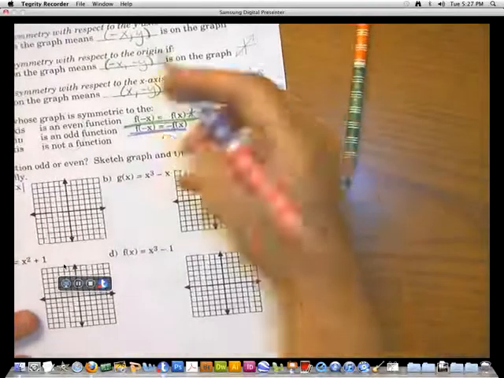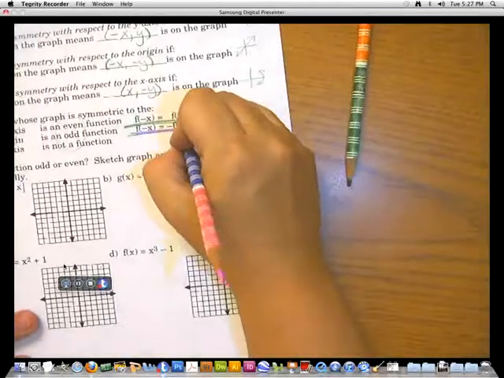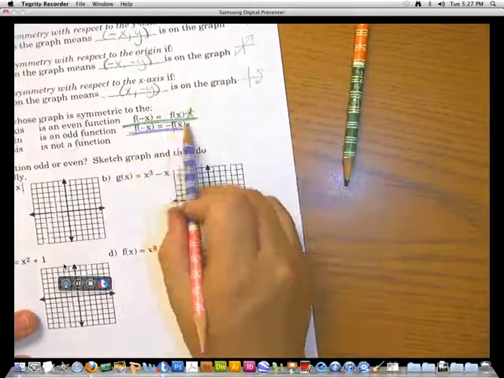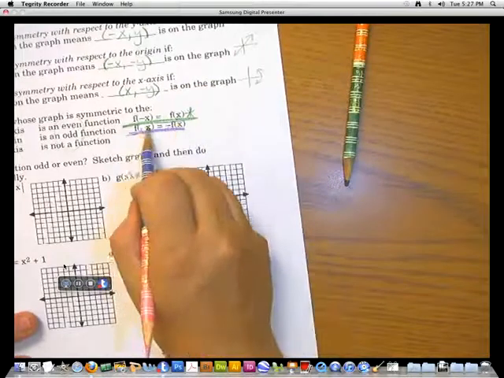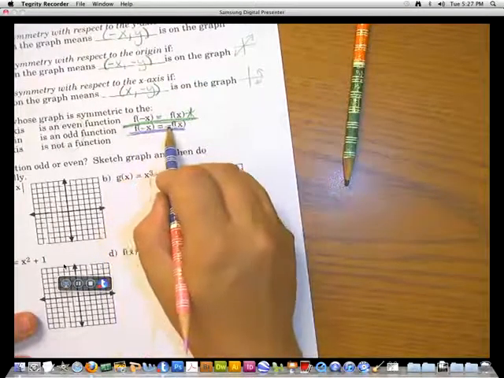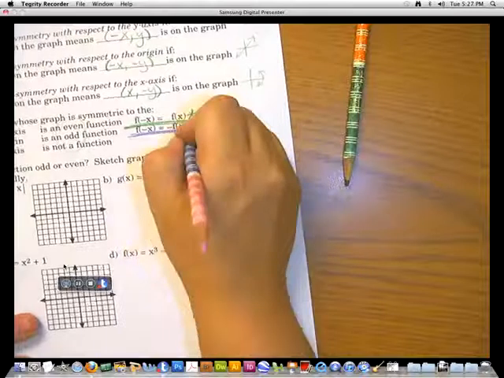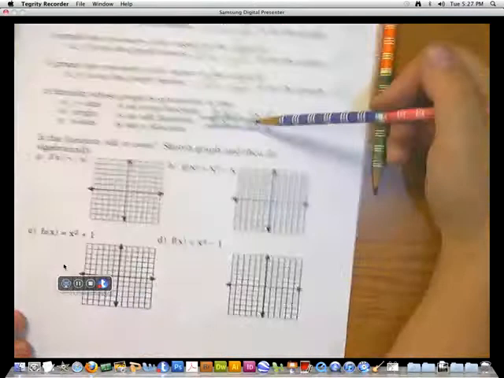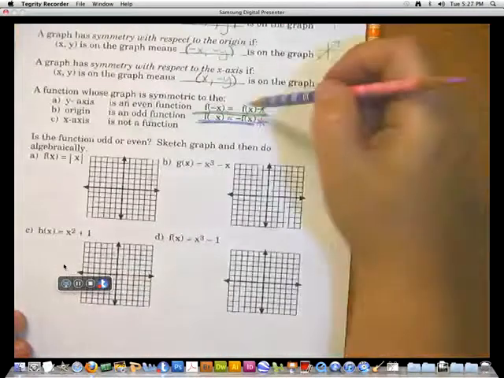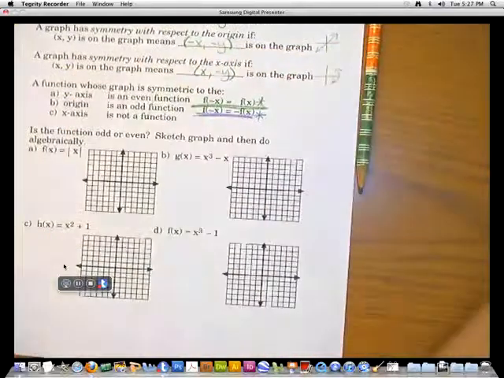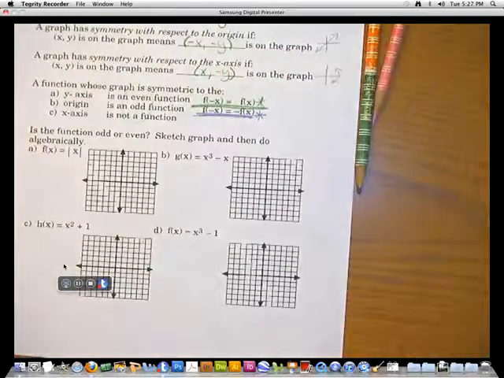The opposite of x is the same as the opposite of y, because remember, f of x represents y. The opposite of x is the opposite of y. So you need to kind of know those two relationships as they relate to the y-axis and the origin.